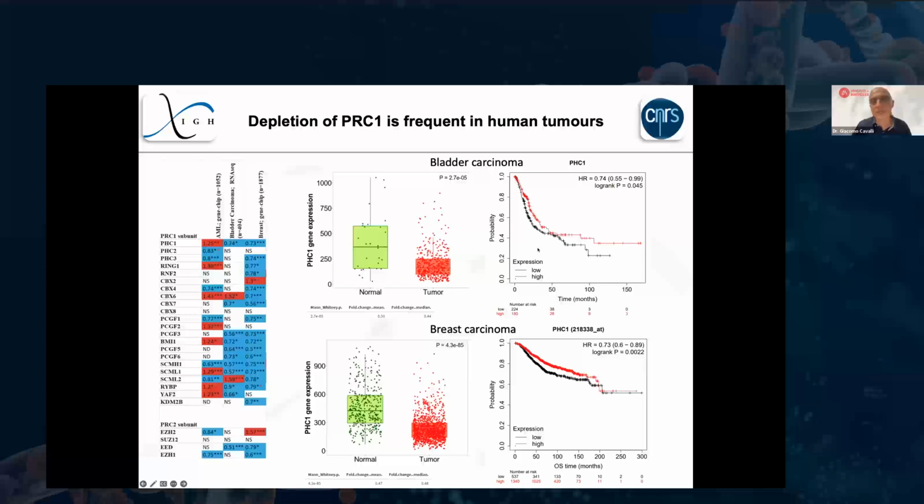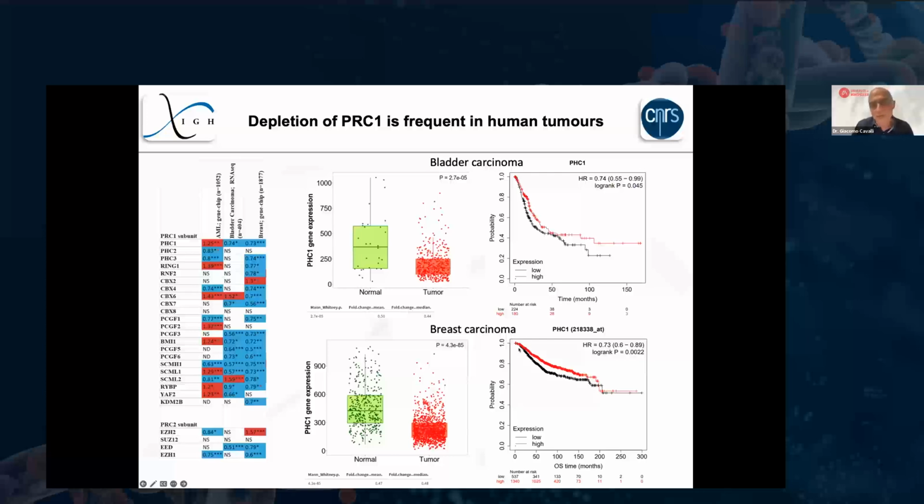And if you now stratify the patients, those that have the lowest expression levels of this subunit have also the poorest survival. So this really suggests that you might have a tumor suppressing function for these subunits. And the same is true for many others that we've looked at. So this kind of tumor suppressive function is something that is conserved in some of the human tumors.